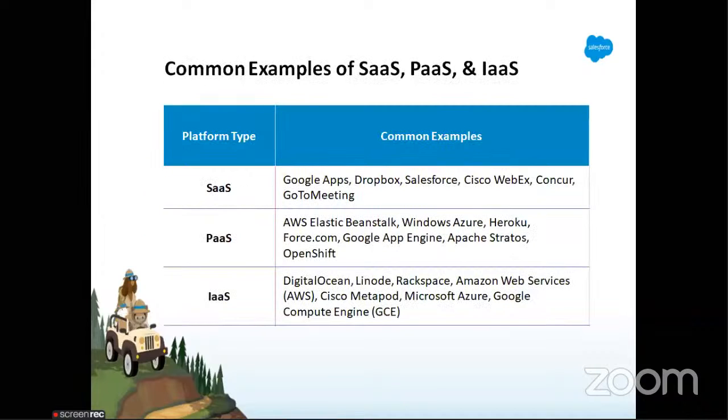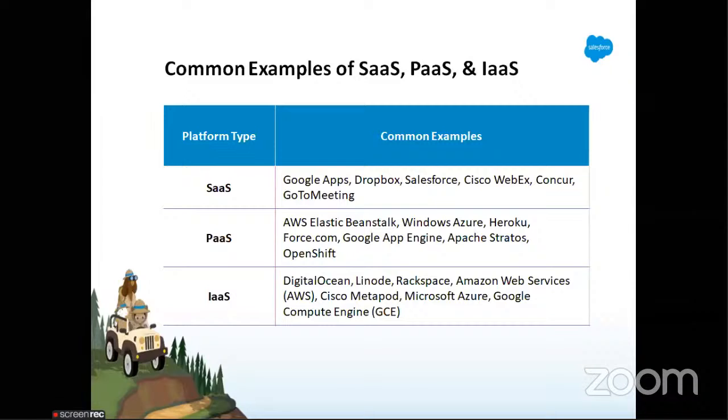So let's take some common examples of software as a service, platform as a service, and infrastructure as a service. For software as a service, we have Google Apps, Dropbox, Salesforce, right? And for platform as a service, we can take examples of Azure, Heroku, Force.com, Google App Engine.